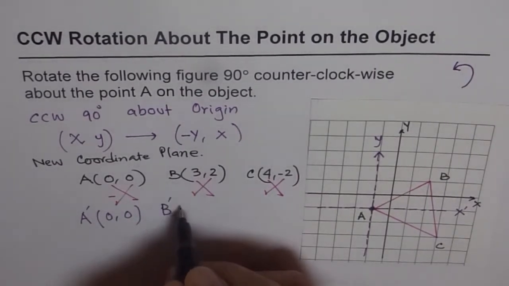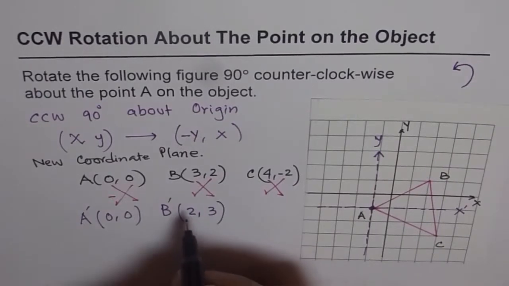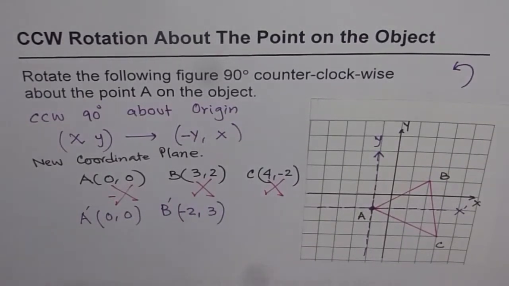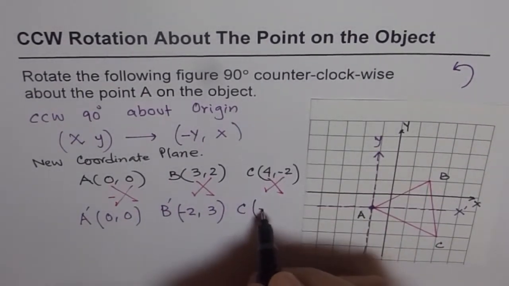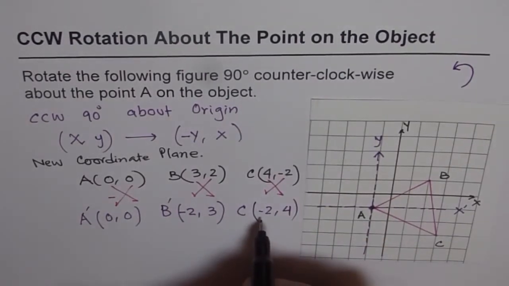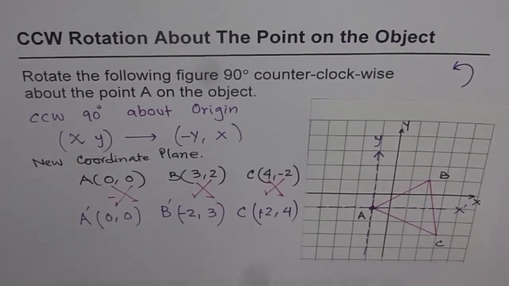How about B dash? We get 2 here and 3 for y. But we have to change the sign for x coordinates. So we'll make it minus 2. Do you see? And for C, again, we'll just swap. We get minus 2 and 4 after swapping, but we have to change the sign for x. So it becomes plus 2. That is what we mean when we say minus. That means change the sign.